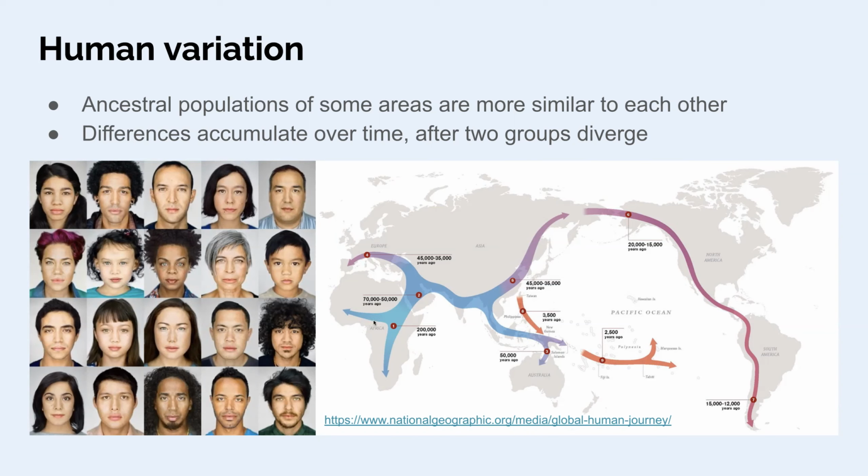The separation between any two of these was about 70,000, 50,000 years ago, the so-called out of Africa. So the ancestral population of people that moved away from Africa, the original place for the human species, various times on here as they got into different parts of the world.